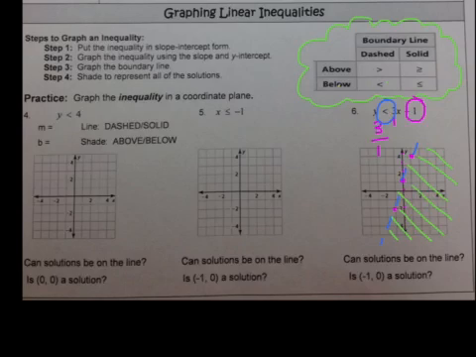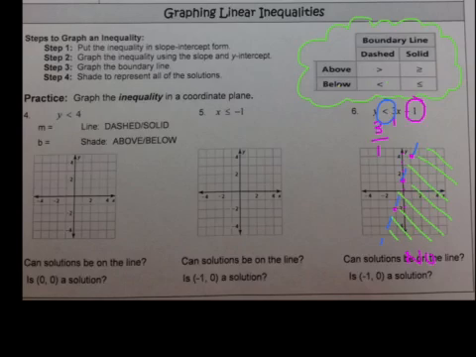Remember, in inequalities, there's not just one solution. There are several. Now, could there be solutions on this line? Well, the answer is no, because it is dotted. In this instance, the solutions would not be on the line because it is dotted. And then it's taking it a bit further and asking us, is (-1, 0) a solution?